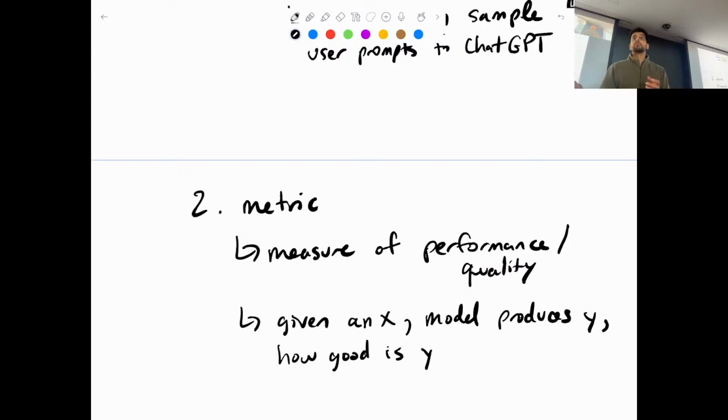In other cases, you may not have a high quality reference available, and so here you need to be a little more clever in how you come up with the process of judging the quality.